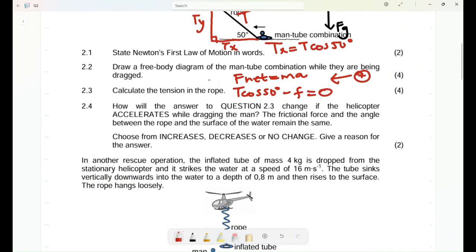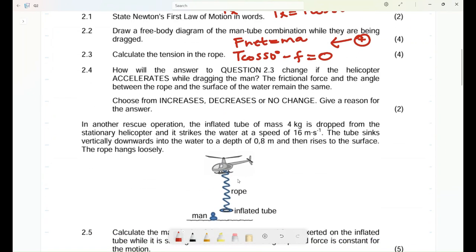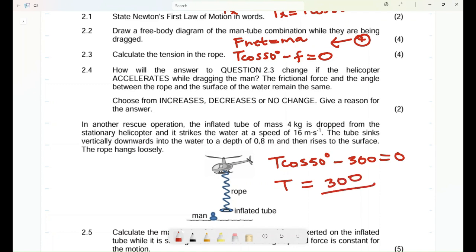When I continue with my calculation, allow me to continue here on this space. So it's going to be T cos 50 degrees minus 300 is equal to 0. Then do you all agree with me? T is going to be 300 to the other side, divided by cos 50.